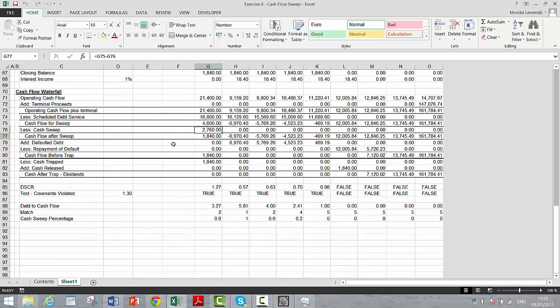In that case, we start with the same thing. We have a cash sweep, and we trap the cash. And the next year, I think these, let's put a percent here. So we had to keep sweeping the cash. Then in the next year, we had a default, finally a repayment of default, and I don't know why it allowed us to release the cash.